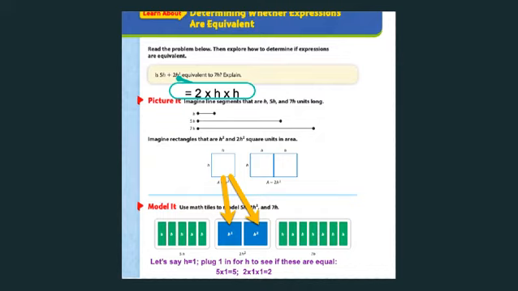H times h is more representative of finding the area of a square or a rectangle, a square in particular. All right? So really, what this h squared looks like is h times h, or the area of that square. And the fact that we want 2 of them means that that's what that expression looks like right here.